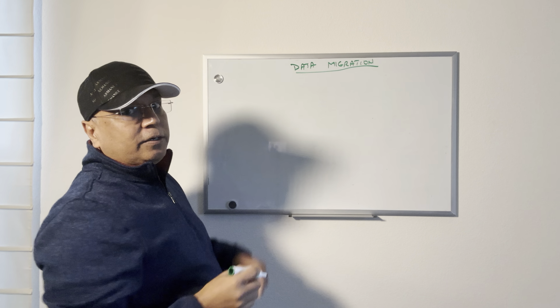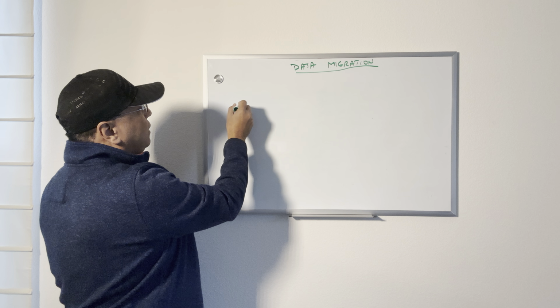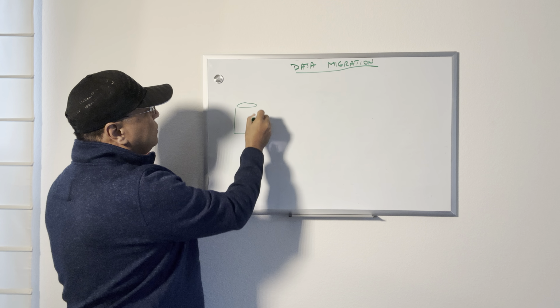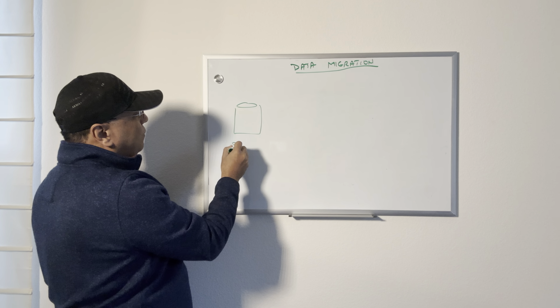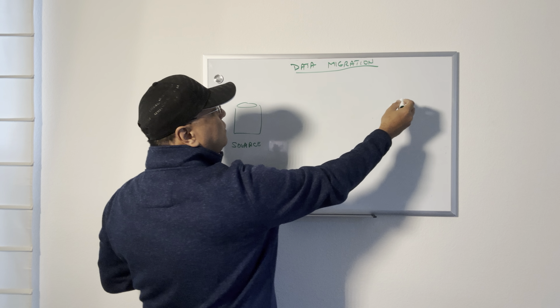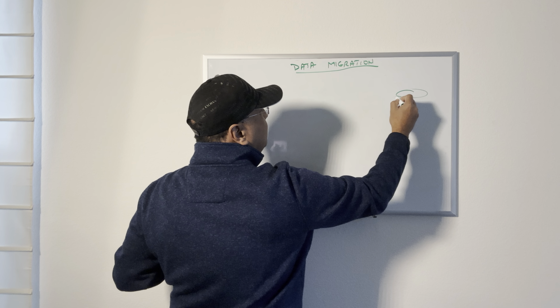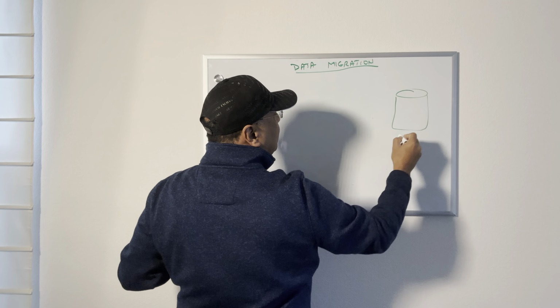So that's data migration. So let's draw our source system. Okay, and then let's draw our target system. This is our target.